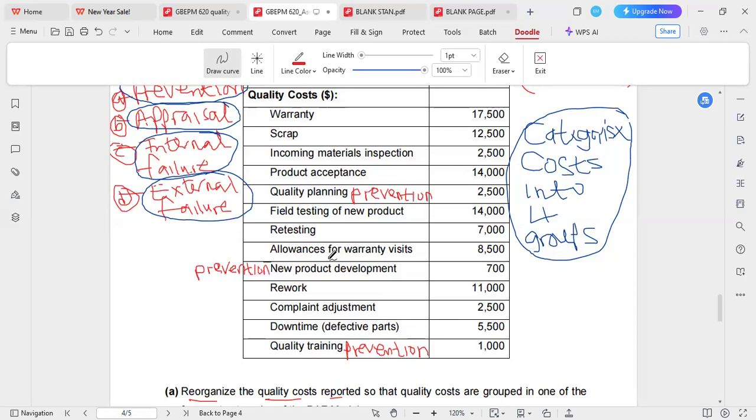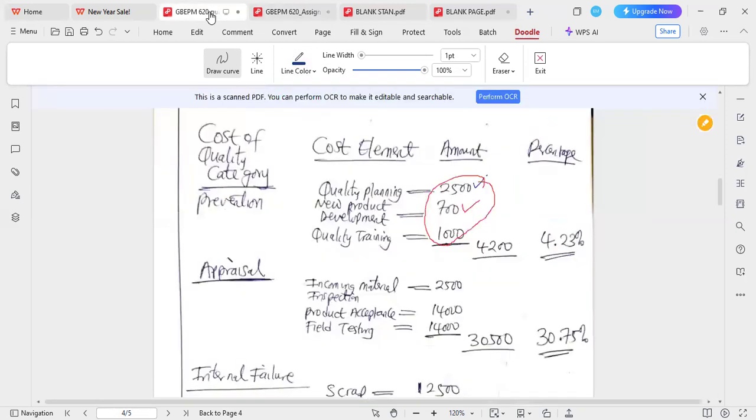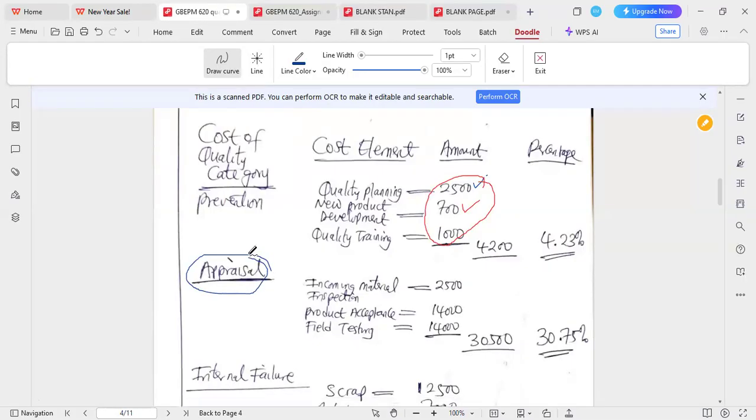Then getting down to the other category concerning the cost of quality, which is appraisal: incoming material inspection, product acceptance, and field testing. Those are under inspection.